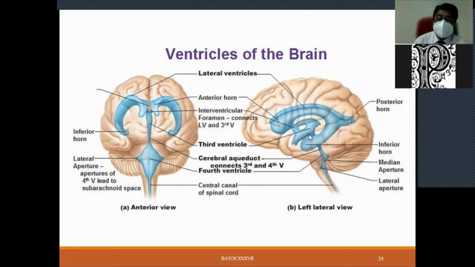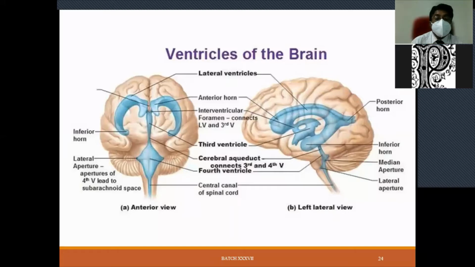As I said, this is the third ventricle with the lateral ventricles, and both lateral ventricles are connected to the third ventricle. The third ventricle is located in the middle, in the midsagittal area. Therefore you can see only one lateral ventricle, one third ventricle and one fourth ventricle, because the two halves get fused and it looks like one structure.